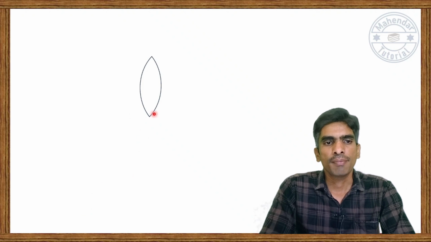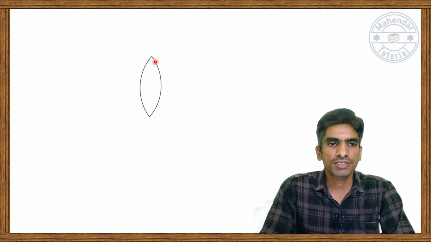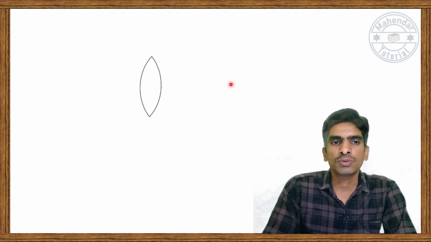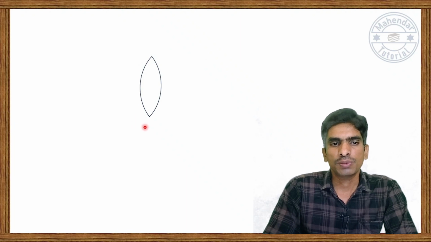See, it is a biconvex lens. Here we have two curved surfaces. This one is the first curved surface. This is the second curved surface. These two are taken from two spheres.